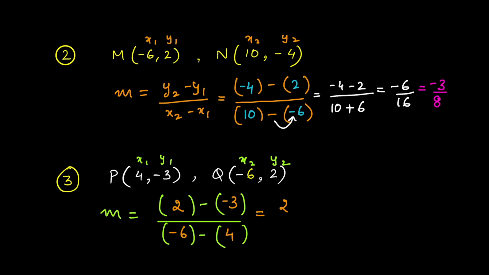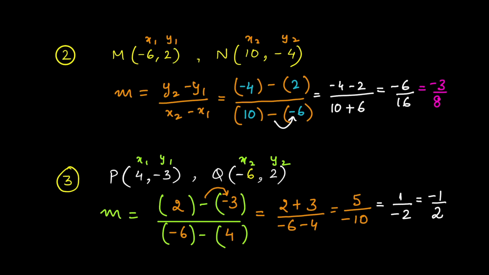So it is 2, and this minus times minus becomes plus 3, and then we write minus 6 minus 4. So it is 2 plus 3 is 5 over minus 10. Both are multiples of 5, so we can divide by 5. So we get 1 over minus 2. So we can leave the answer here, but it is a practice that we don't end our answer with a negative in the denominator. So we move it to the numerator and write the answer as minus 1 over 2. So this is the slope now.